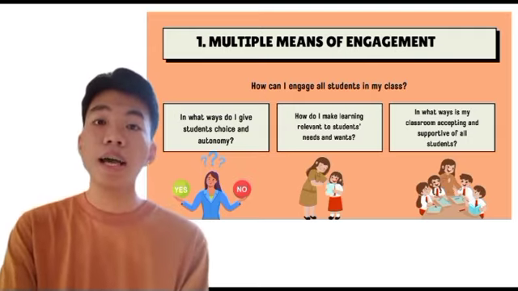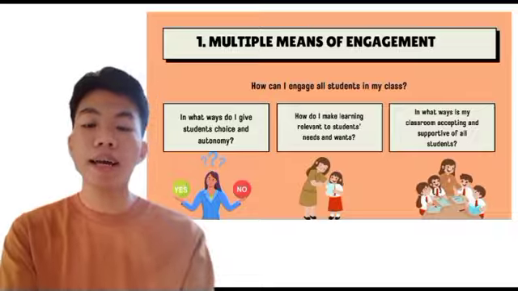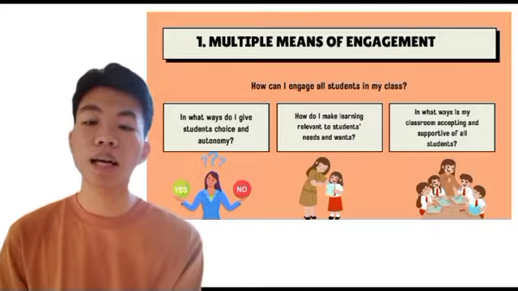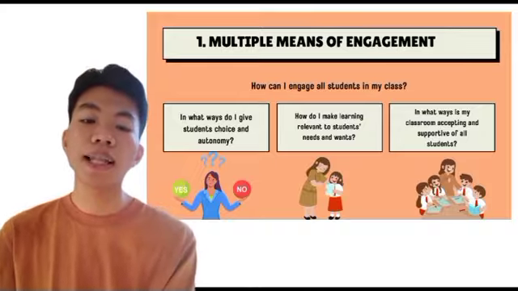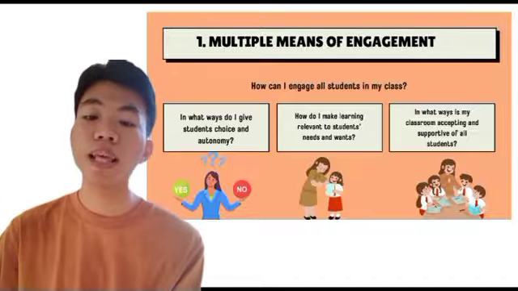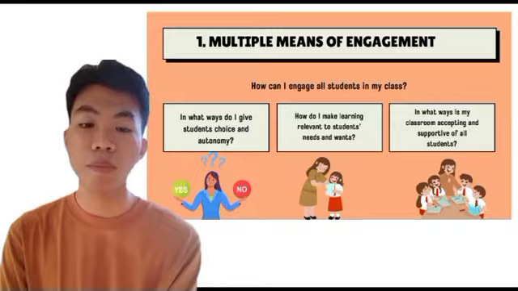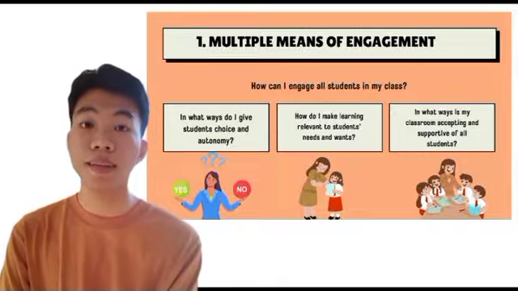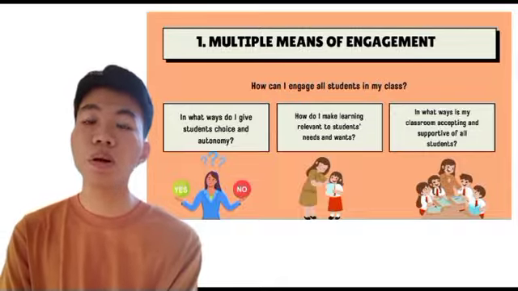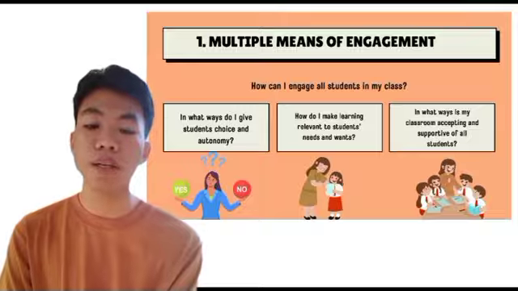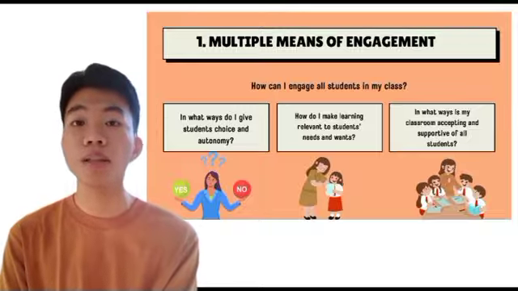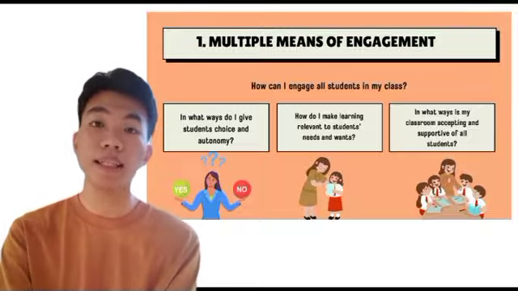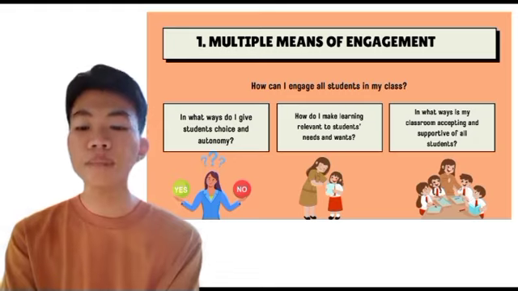This can be done by offering different activities, group discussions, or fun and varied teaching methods, or connecting the material to things they care about. The goal is to make learning feel relevant and enjoyable so that all students, regardless of their background and abilities, stay motivated and invested in education.